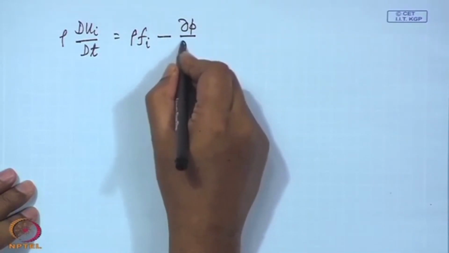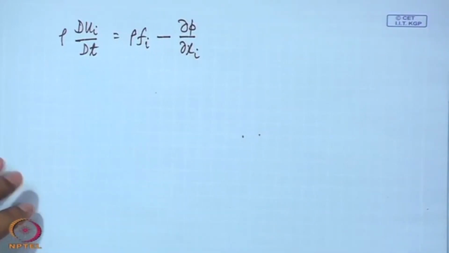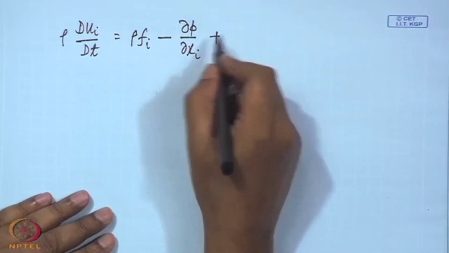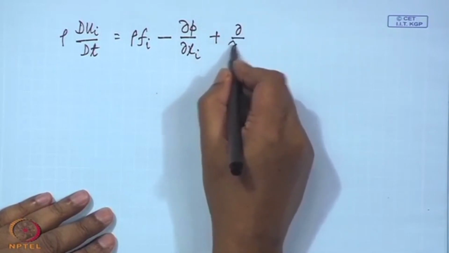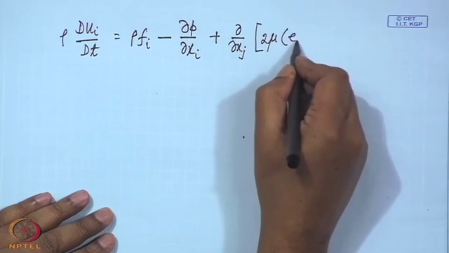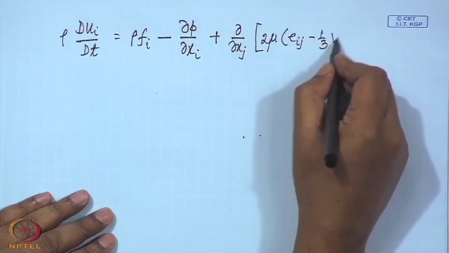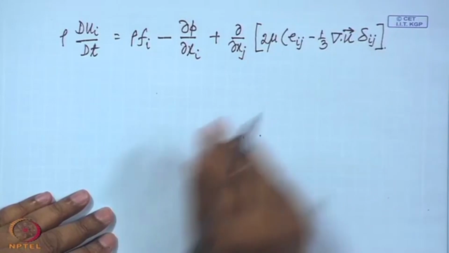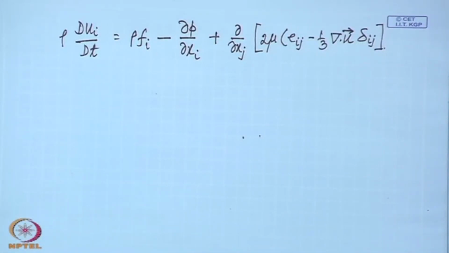That term can be written as minus ∂p/∂x_i. ∂/∂x_j of minus p δ_ij is minus ∂p/∂x_i, plus the remaining term ∂/∂x_j of 2μ(E_ij minus 1/3 divergence of u δ_ij). This ∂p/∂x_i is basically the gradient of pressure.